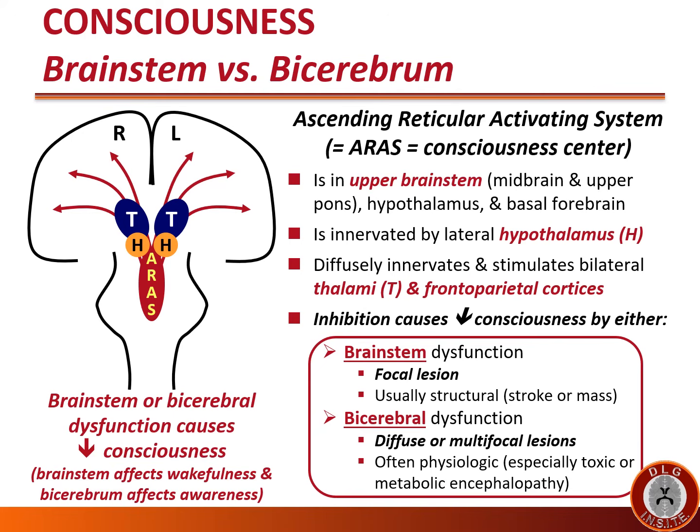Inhibition causes decreased consciousness by either direct brainstem dysfunction, a focal lesion we talked about, structural such as stroke or mass, or bicerebral dysfunction, which is diffuse or multifocal lesions, often physiologic, especially toxic or metabolic encephalopathy. Remember another thing, that brainstem mainly affects wakefulness and bicerebrum mainly affects awareness.